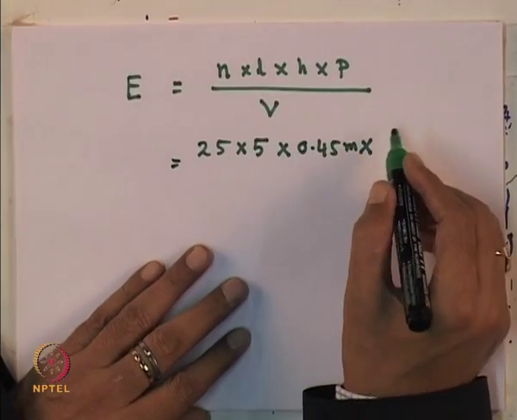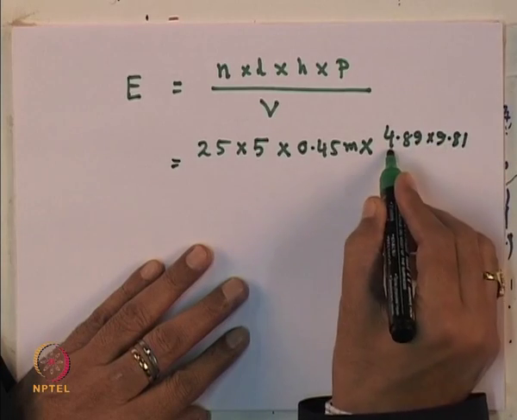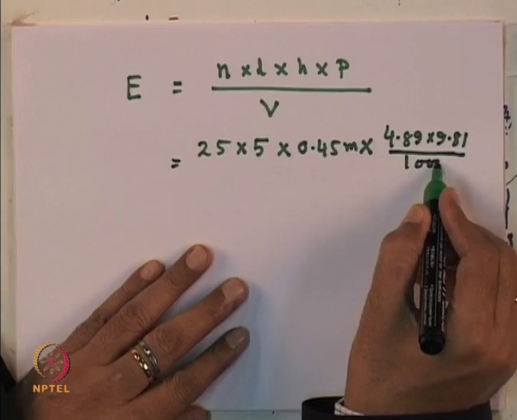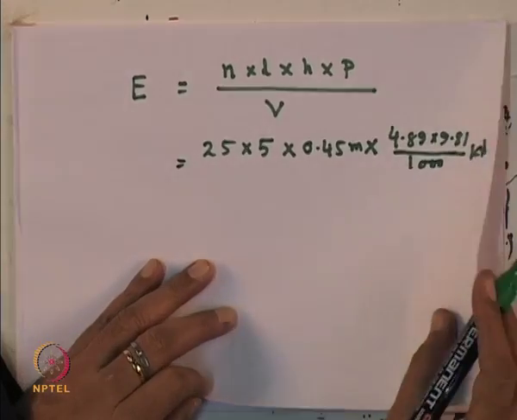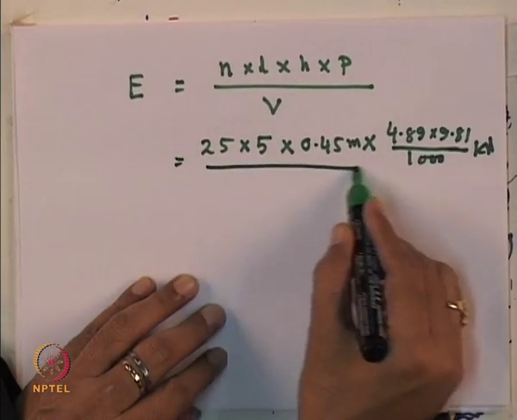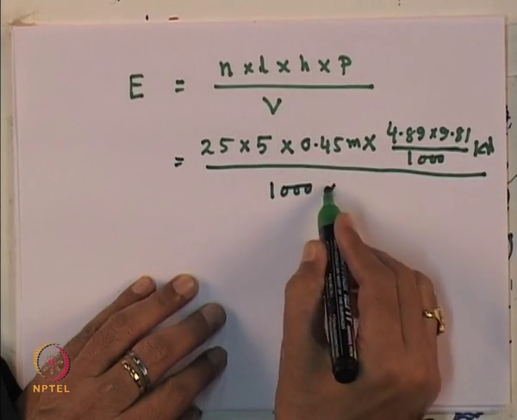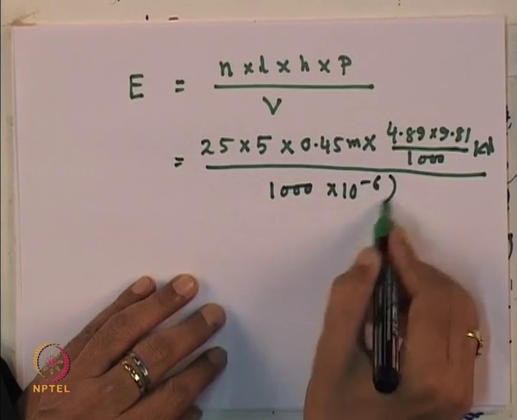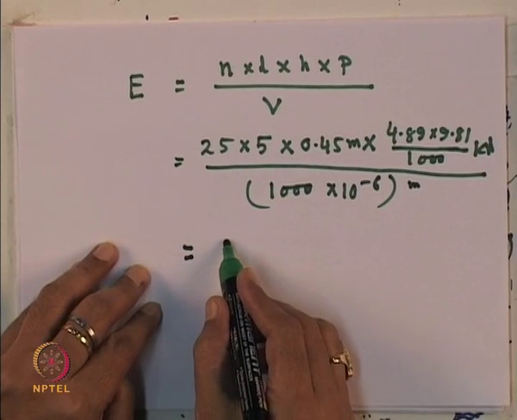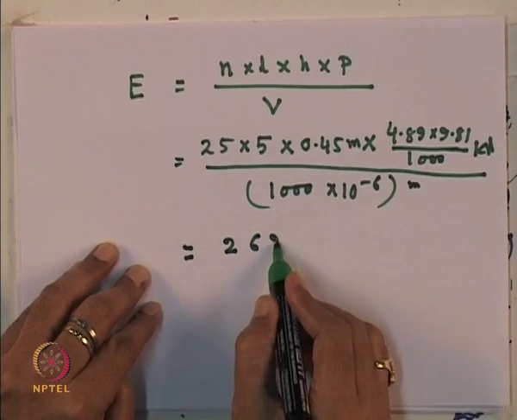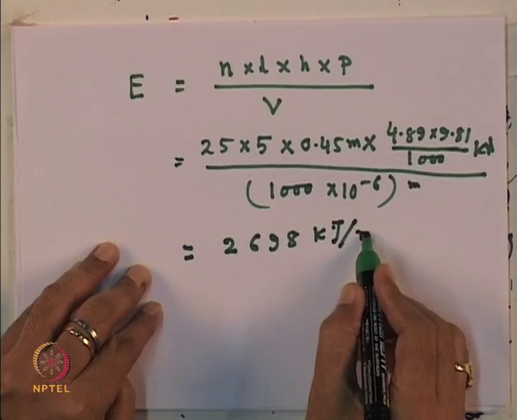So, you can write 4.89 into 9.81, this divided by 1000, this will give kilonewton. So, this divided by V, and V is 1000 into 10 to the power minus 6. So, if you calculate, you will have this value, 2698 kilojoule per meter cube.